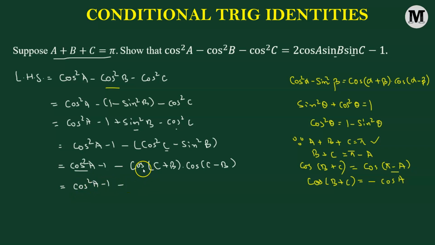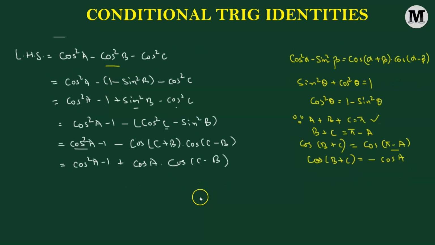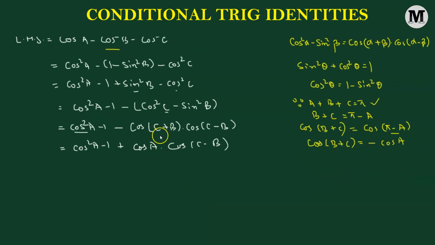But instead of cosine of C plus B, we replace it with negative cosine of A. So this becomes positive cosine of A multiplied to cosine of C minus B. The reason why we considered cosine of A in place of cosine of C plus B is so that we can combine the first and the third term by taking cosine of A as the common factor. So from cosine squared A, if we take cosine of A as the common factor, that leaves us with cosine of A, and from the second term we have cosine of C minus B. Okay, and then we are left with negative 1.